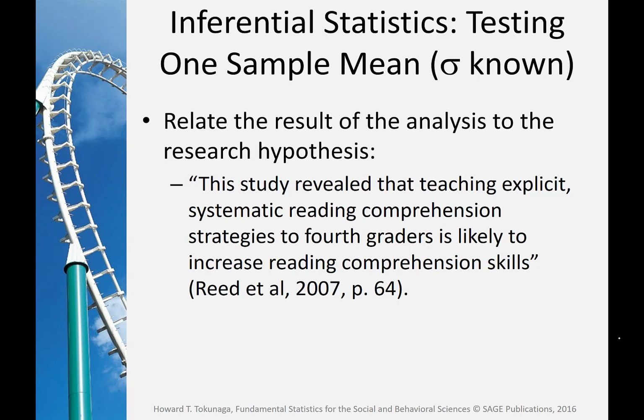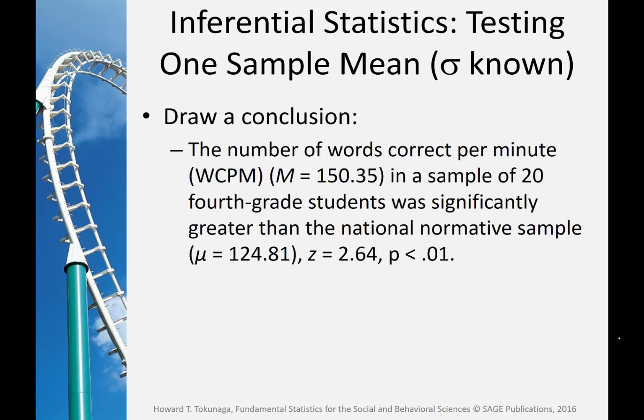This study revealed that teaching explicit systematic reading comprehension strategies to fourth graders is likely to increase reading comprehension skills. So if you teach the kids how to read, they read better. Okay. The conclusion, I don't like the way he does this, and I'll tell you why.